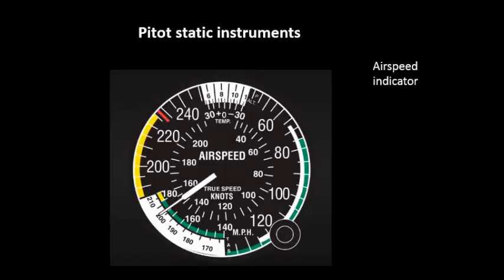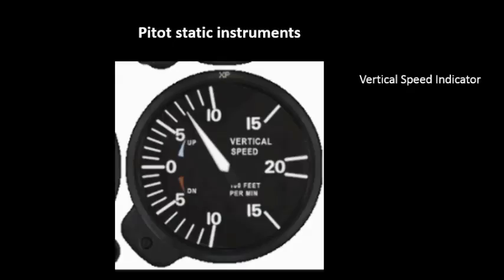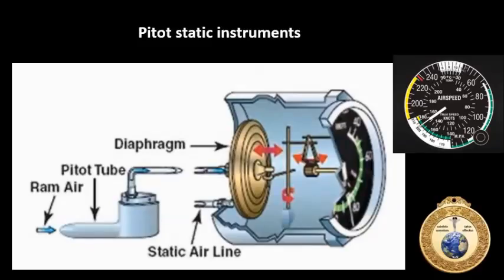Airspeed indicator up close, altimeter up close, vertical speed indicator up close. Now, how does this work? We looked at our pitot tube. We have ram air that comes in, and it comes directly into not the instrument case, but the diaphragm, and it expands and contracts.